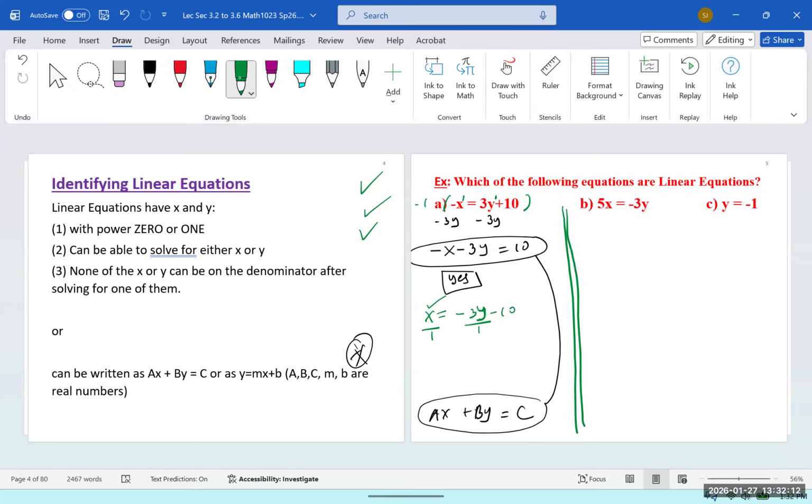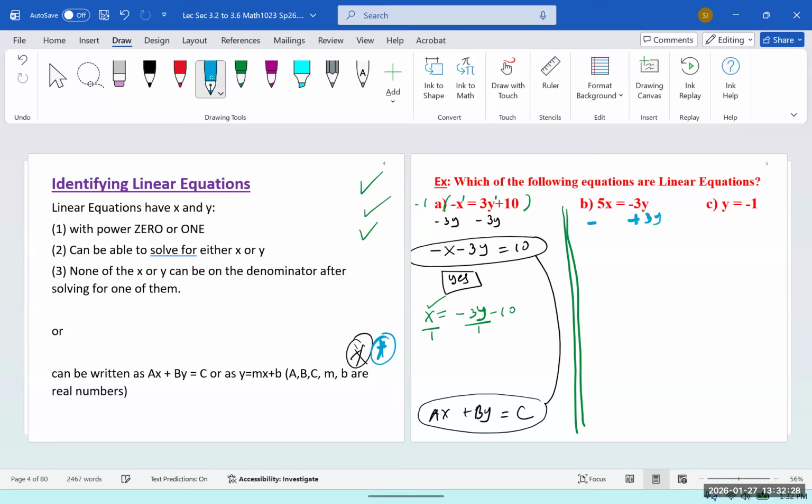The next one says 5x equals negative 3y. So I'm going to use, again, this method because it's easier. It says bring x and y together. Can you do that? Well, yes, we can.